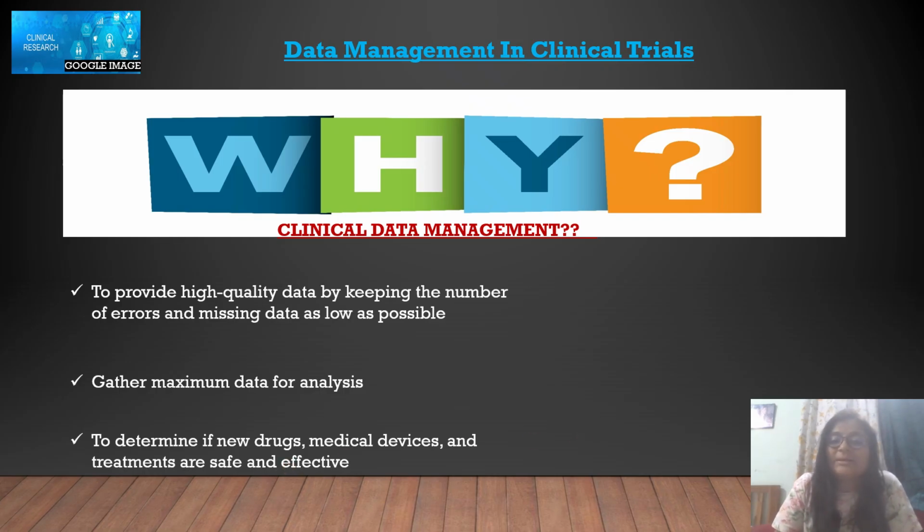And why gather the data? Because for any clinical trial, if it is for a new medicine or medical device, we need to determine whether it is safe and effective or not. To see all these things, clinical data management is a very important aspect of any clinical trial.